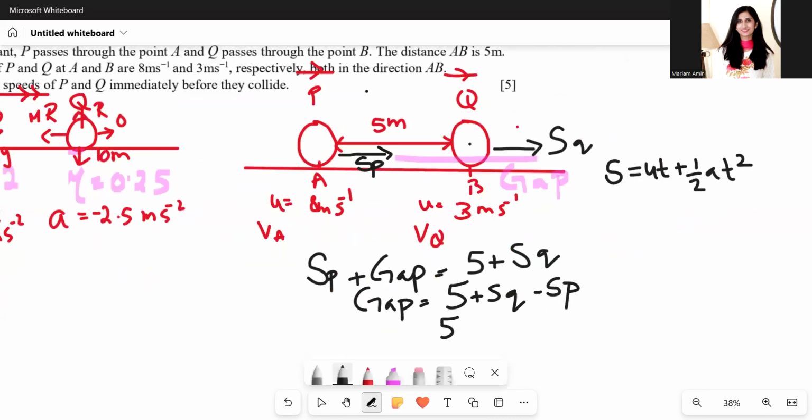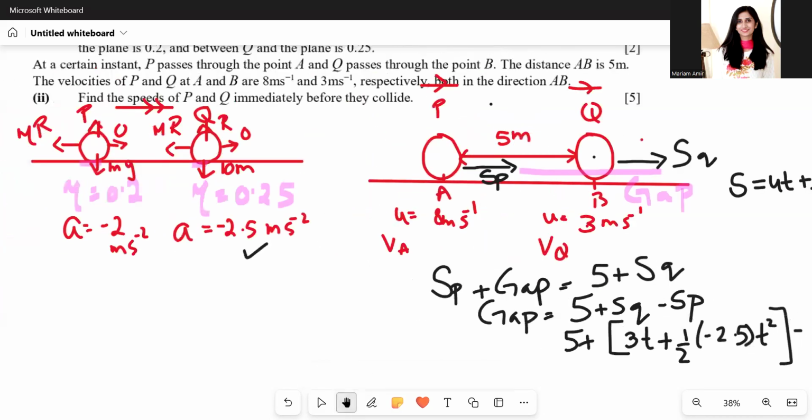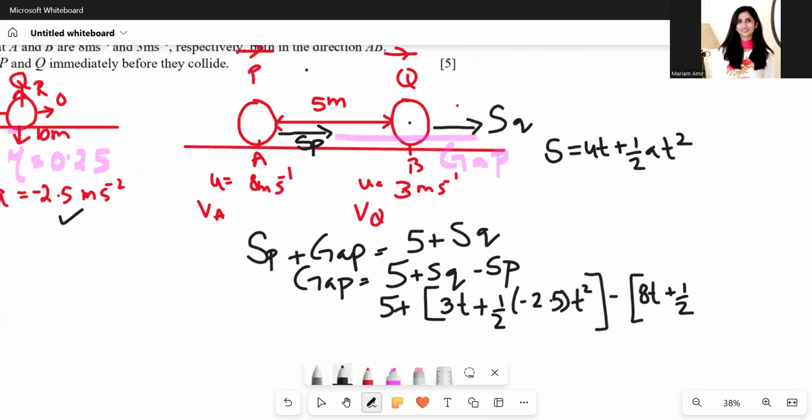So it'll be 5 plus, for Q, u is 3, so 3t plus half, and the acceleration for Q was minus 2.5, times t squared, minus the distance of P, which is 8t plus half, and a for particle P was minus 2, t squared.